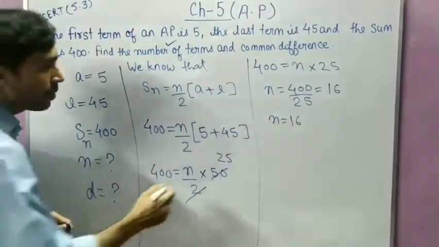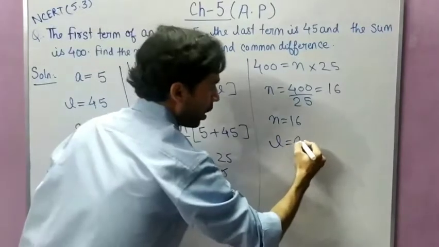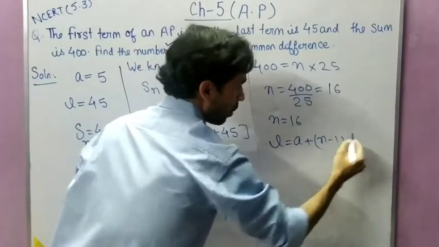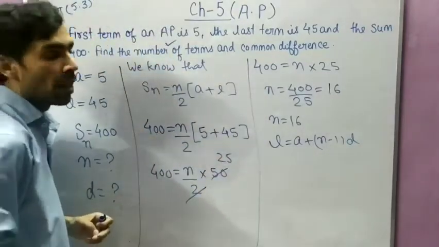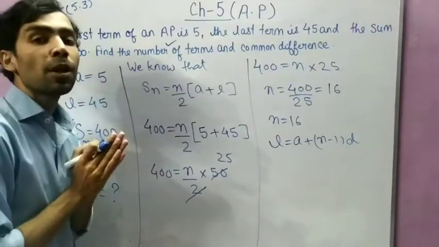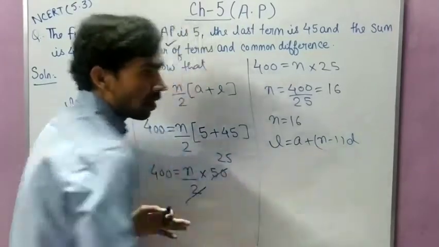So we can say l equals a plus (n minus 1)d, because the last term is also equal to the nth term if the number of terms is finite. Okay, so l equals a plus (n minus 1)d, we know the formula.